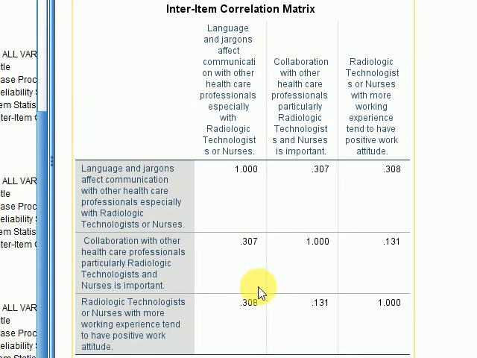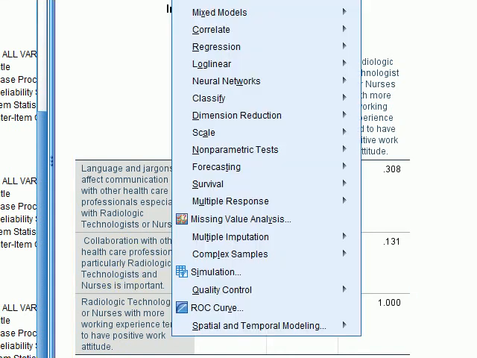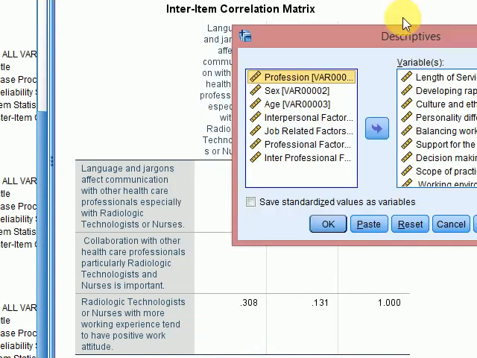I think the problem here is not the second and the third because they're both the same. I think the problem here is the relationship with collaboration and radiologic, the third one. Okay, so if we will not do anything about it, let's go on with analyze and descriptive statistics, which is the descriptives.